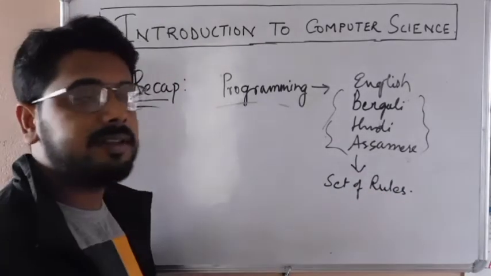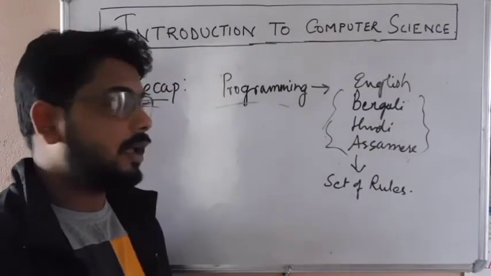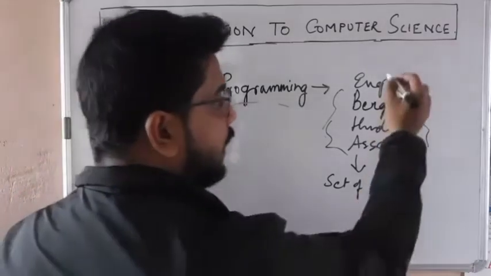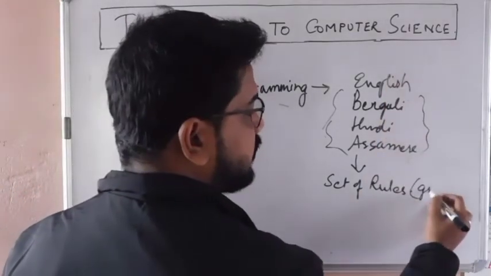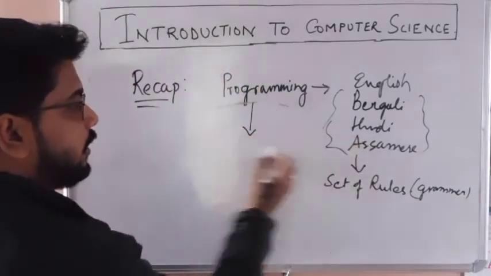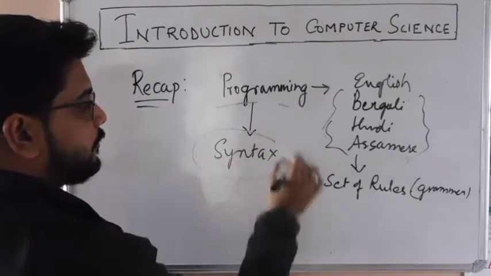Like you must start every line with a capital letter, and every statement or line should end with a full stop, right? In these languages, this set of rules is known as grammar. Similarly, in programming, this set of rules is known as syntax.